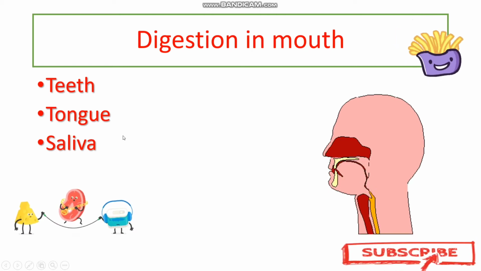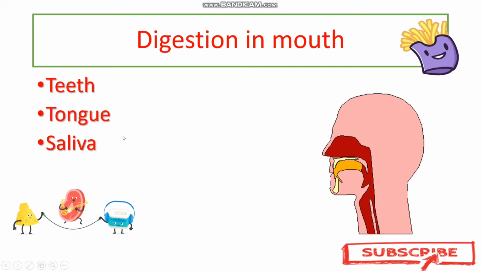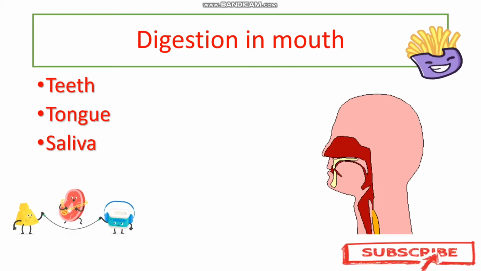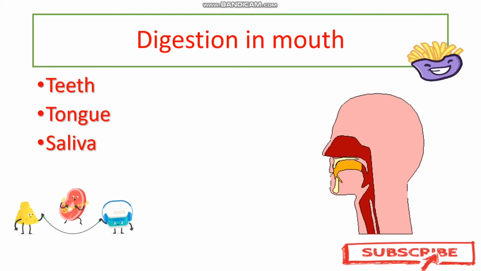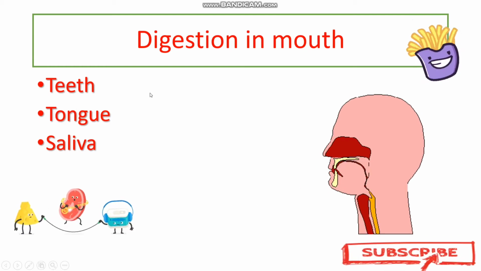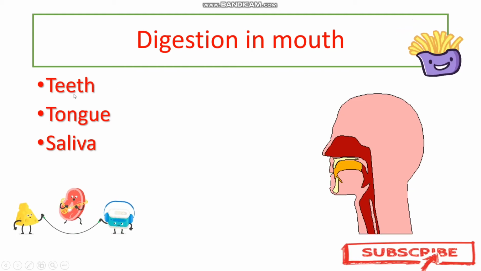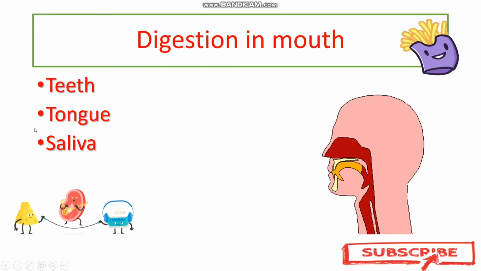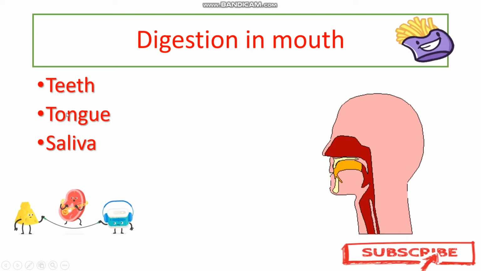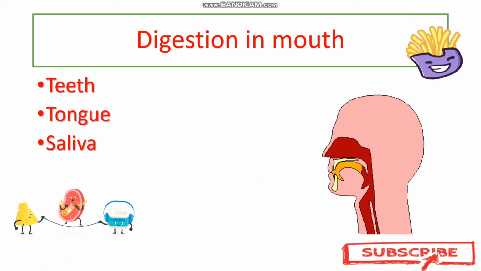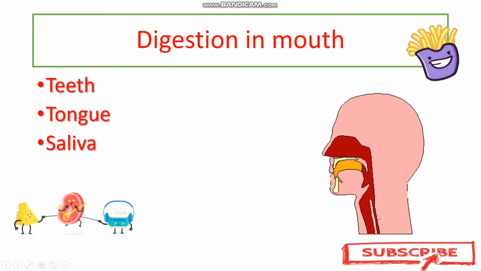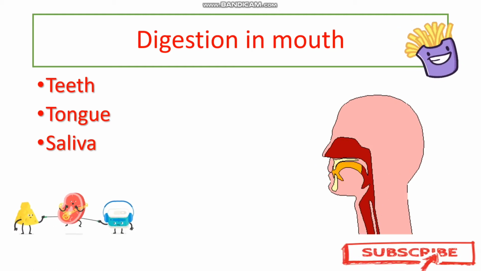Saliva is a liquid which helps to make the food softer, and this saliva contains an enzyme which converts the starchy food into simple sugar. And what is the need of the tongue and teeth? Teeth help to break and cut the food, and the tongue basically helps to mix the food and gives us the taste, and it also helps the food to move down. So that is the work of teeth, tongue and saliva in our mouth.